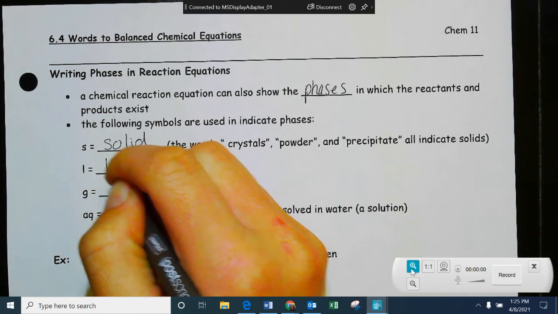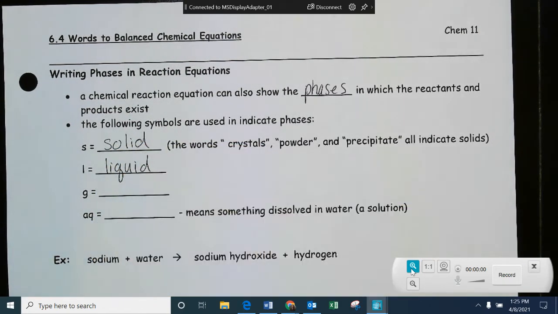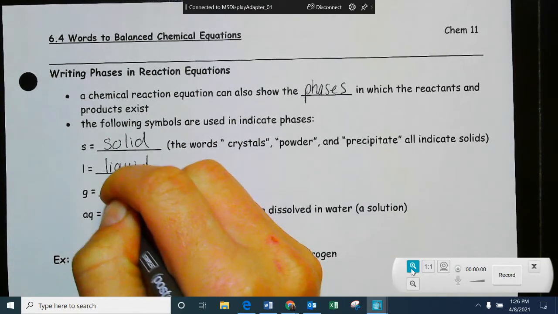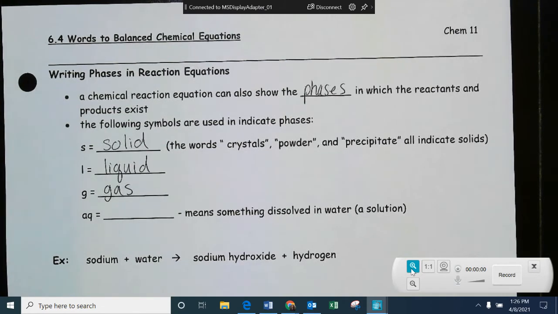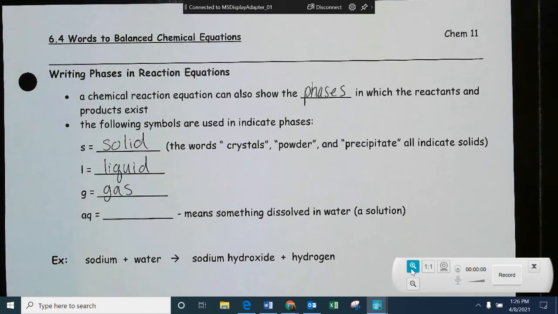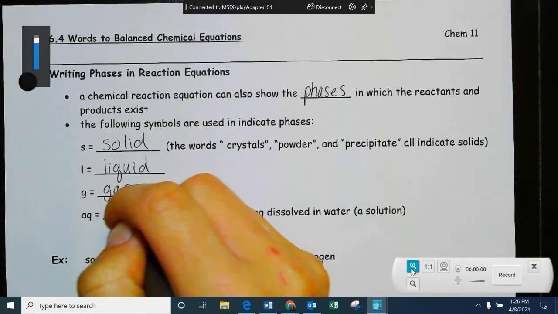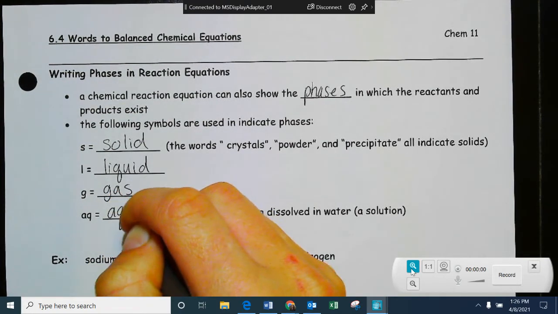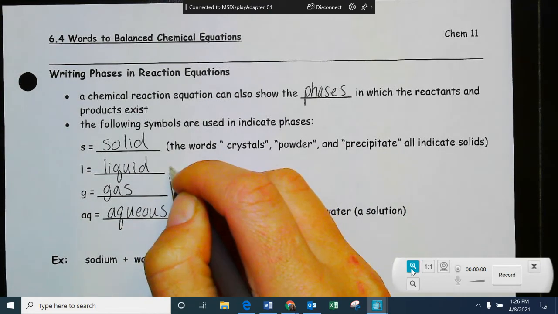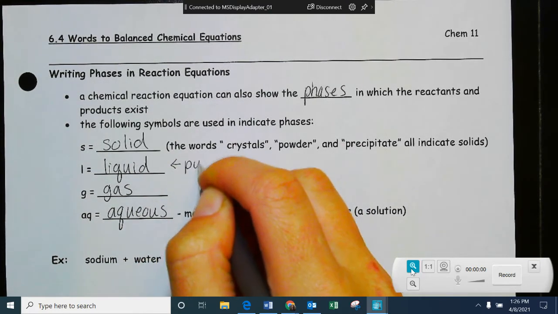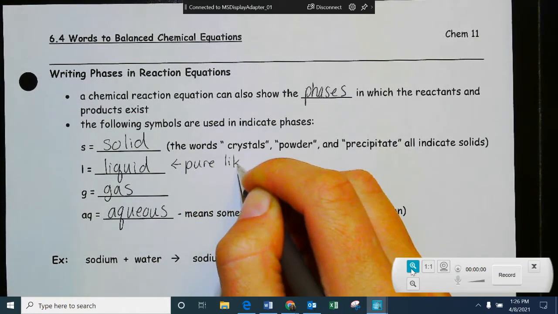L is for liquid, and G is for gas. Oh wait, AQ is one that we're probably going to be seeing a lot, and it stands for aqueous. Liquids refer to things that are pure liquids, like distilled water.